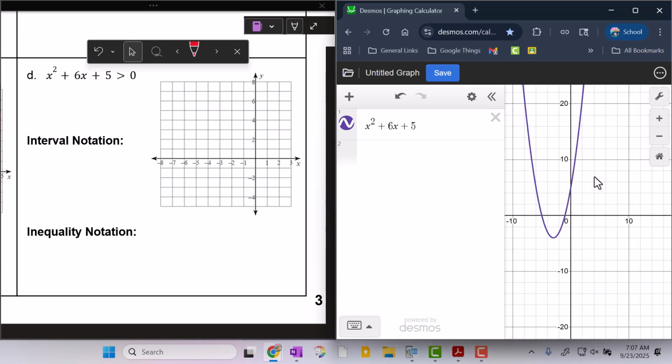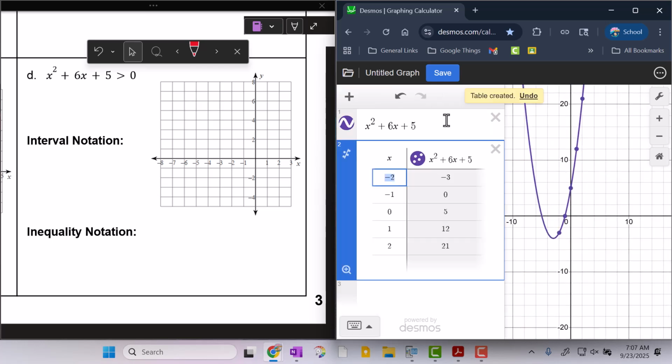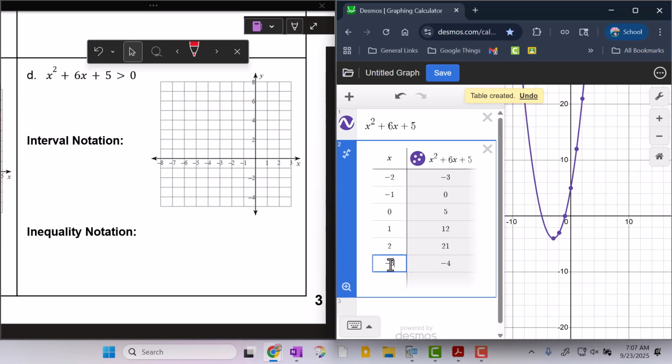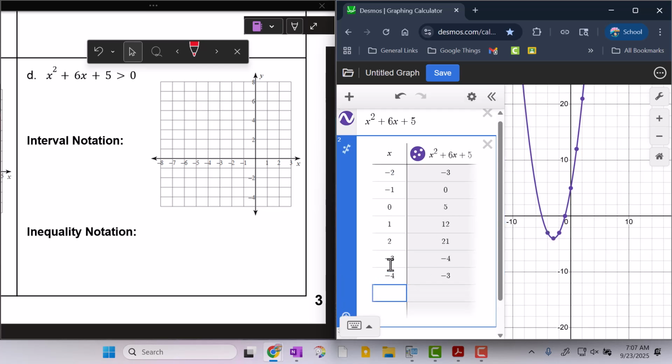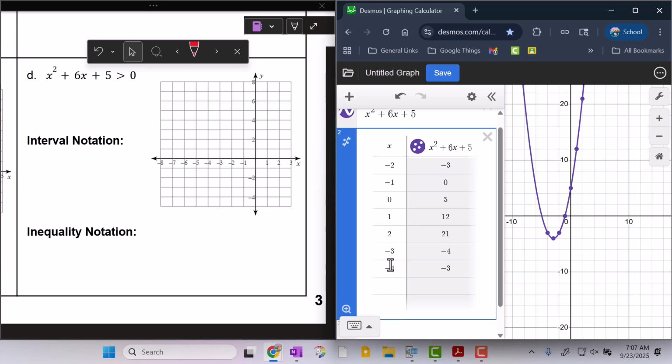So again, we need to get some points. And we want the vertex, so we're going to have to backtrack a little bit with -3, -4. So -3, -4 is our vertex. Then we have -4, -3, and -2, comma 3.